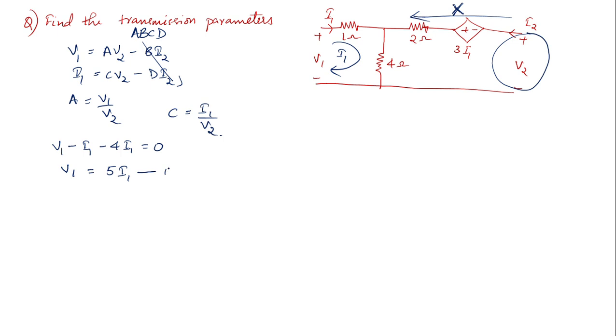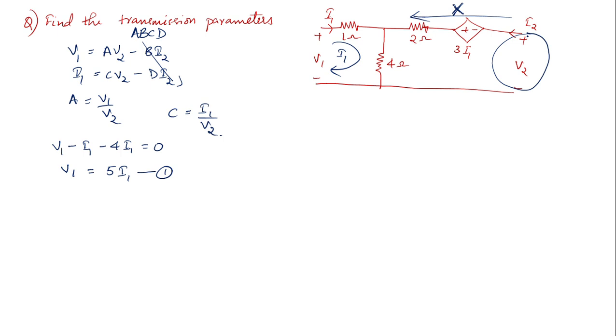You can mark this as your equation 1. Now, what will be the voltage V2? You don't need any relation between V1 and I1. All the relations should be either in terms of I1 and V2 or V1 and V2. But you got it, so you save the relationship. Whatever you got, you mark it as an equation.